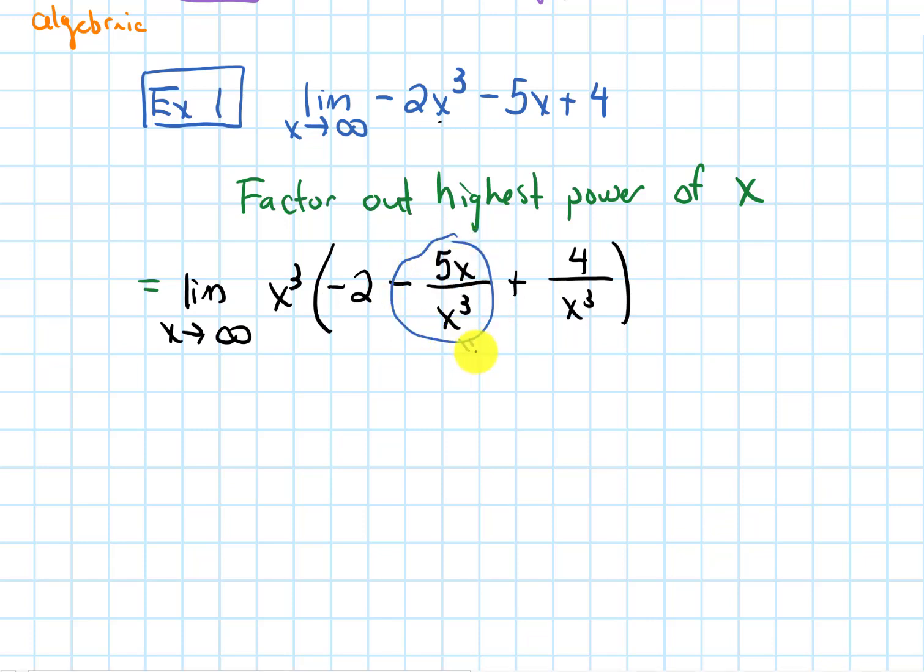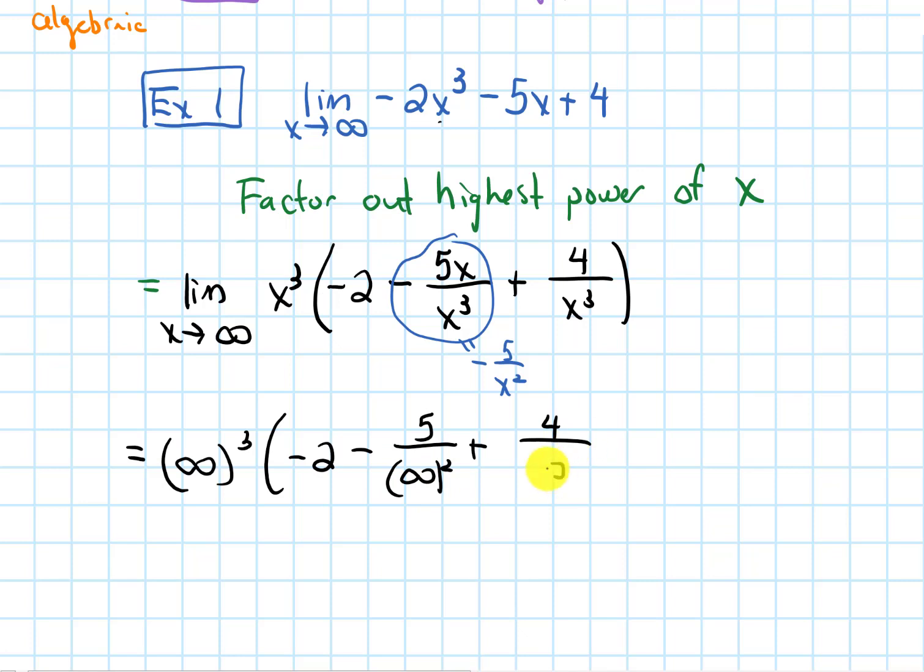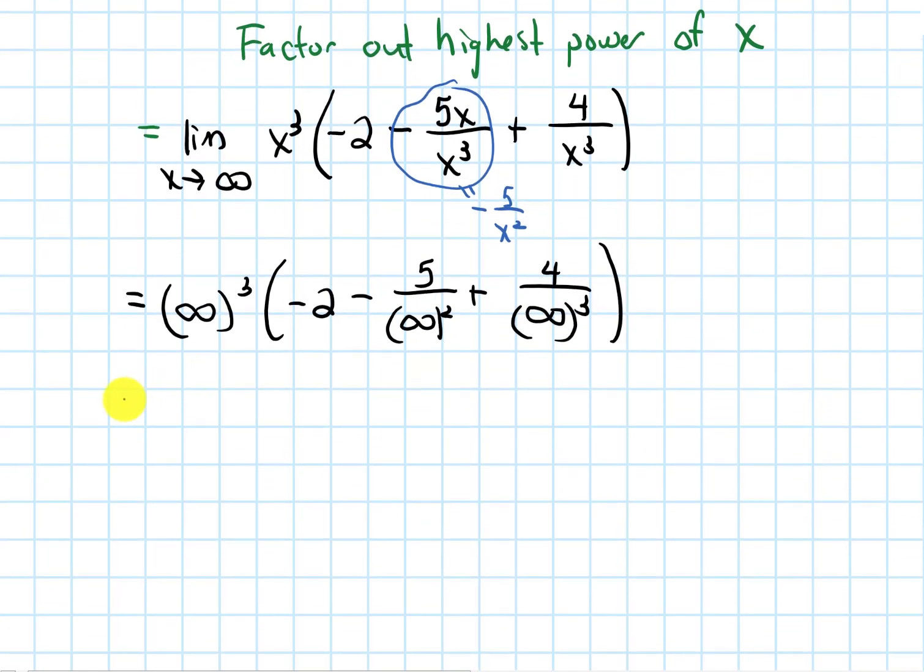That middle term would become minus 5 over x squared. And now, from here, let's go ahead and plug in. That'll give me infinity cubed times negative 2, and then minus 5 over infinity squared plus 4 over infinity cubed.